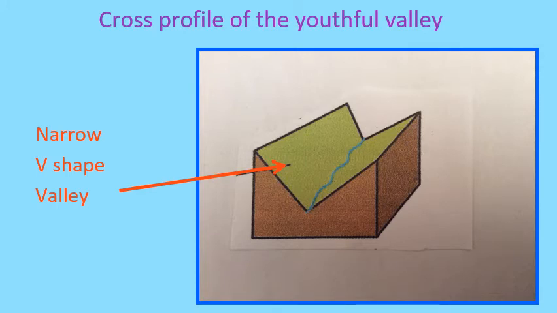Once again, let me emphasize that. And there we can see the V of the river. I'm really not very good at this, am I? But anyway, I hope I've highlighted the fact that the young river is a V-shaped valley.